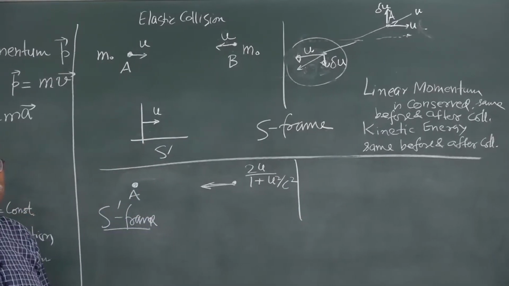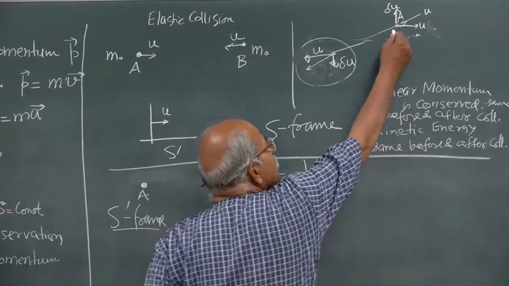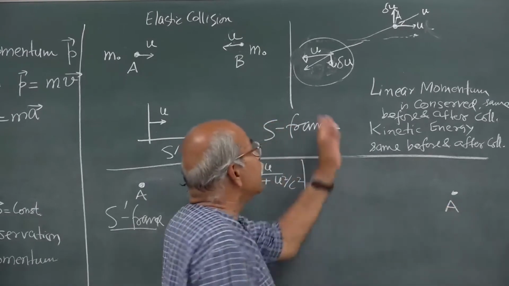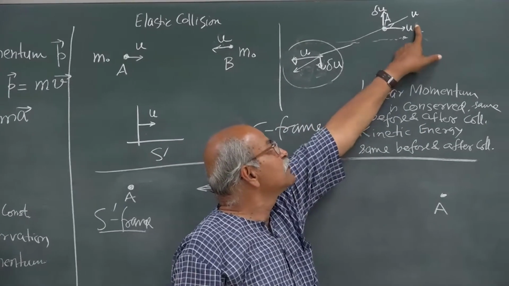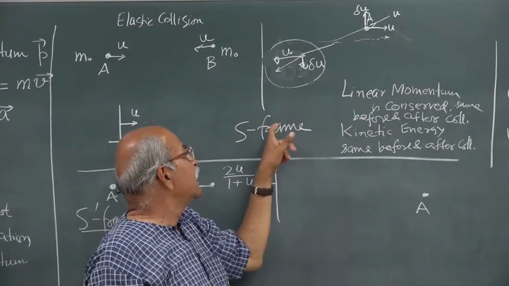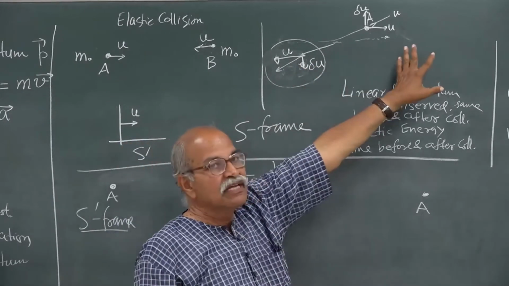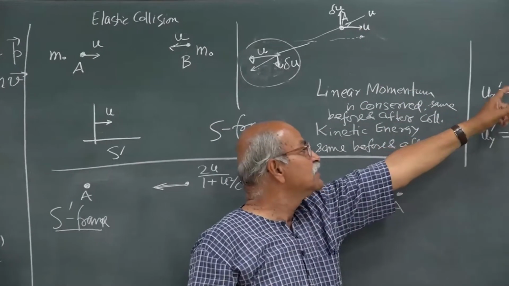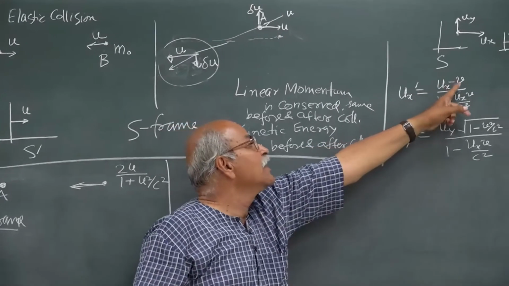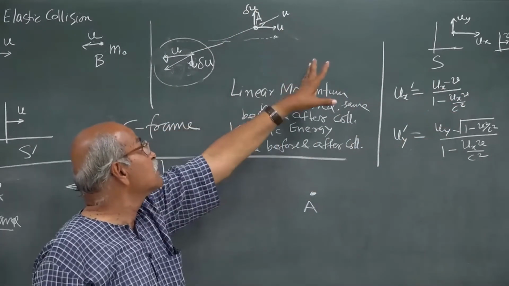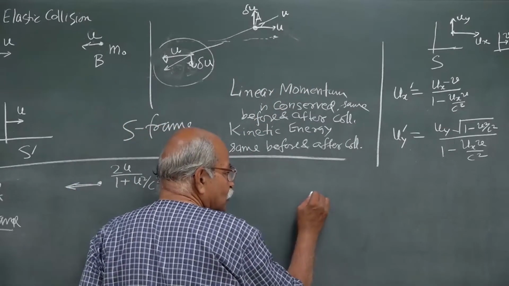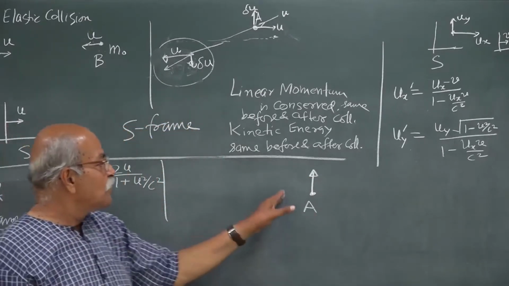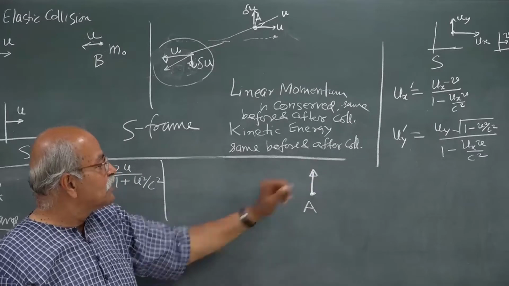After the collision, what happens? Let us start with the A particle. Its x component is u, and the frame S prime is also moving with the same speed u in the same direction. So ux prime will be 0, since ux is u and v is also u, both in the positive direction. So the x component is 0, and what is the y component of velocity?